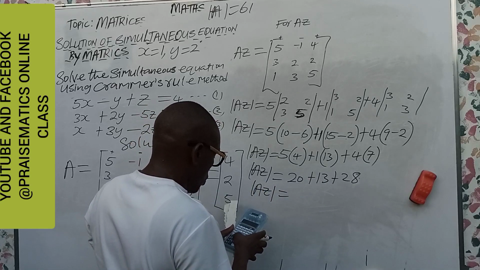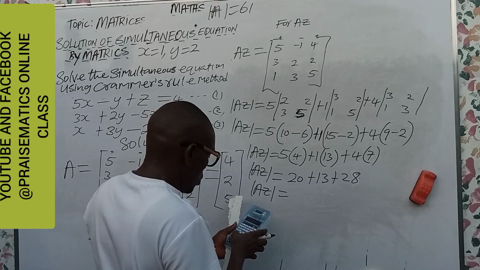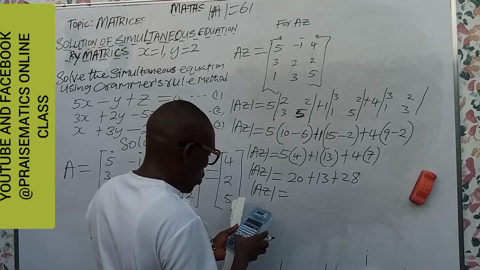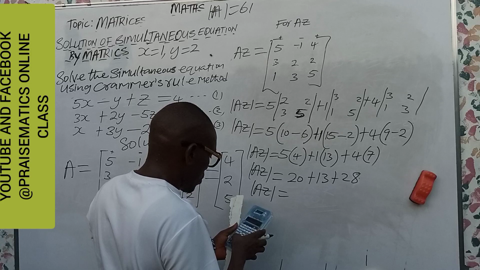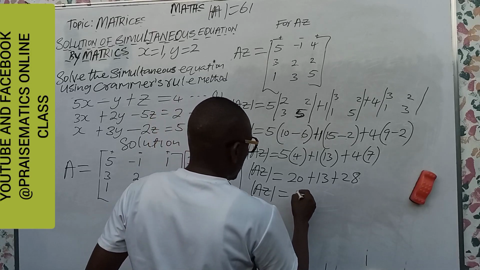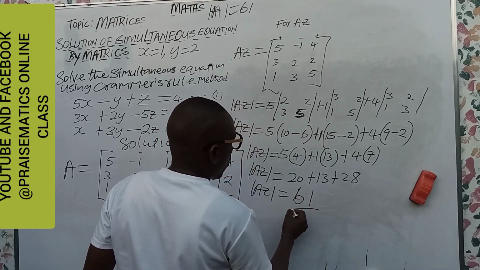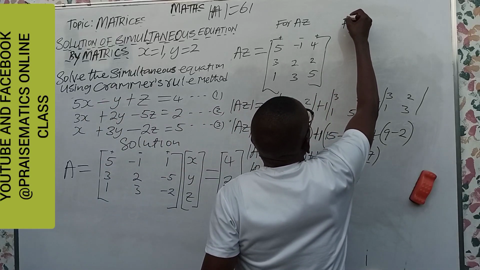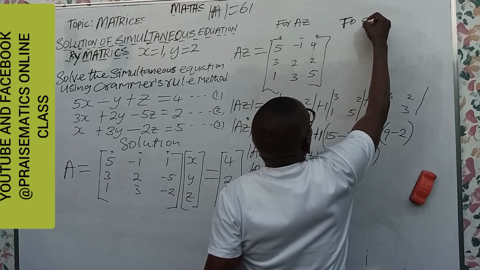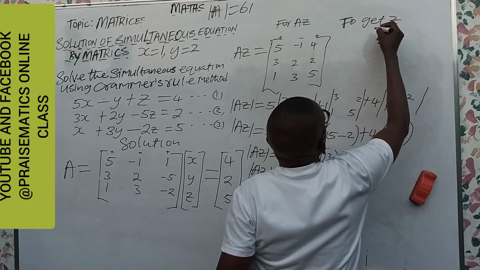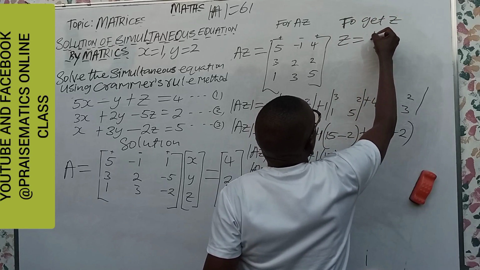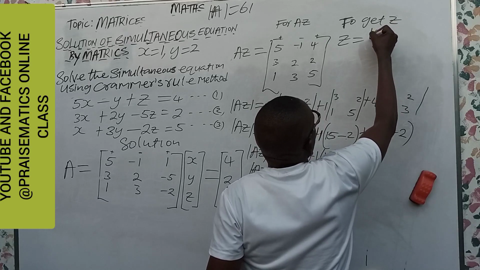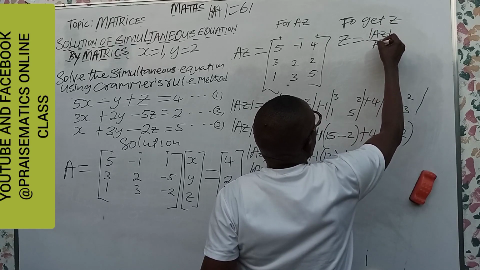So our AZ determinant is equal to 28 plus 20 plus 13. We have it as 61. So AZ is 61. To get z, z equals AZ determinant over A determinant.